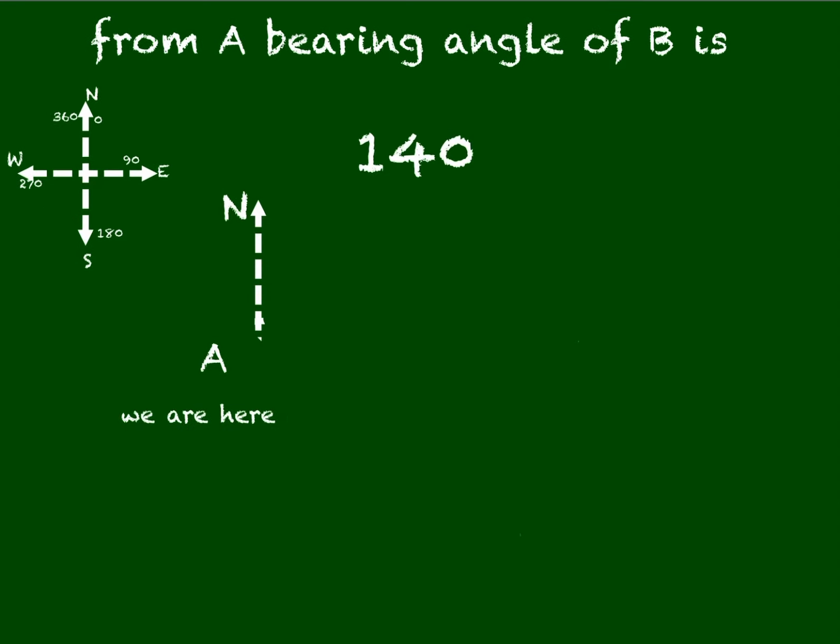One more example to clarify everything. For example, from A, the bearing angle of B is 140 degrees. So we are here. What I will do is start measuring the angle from north clockwise. Okay, so it is 140.